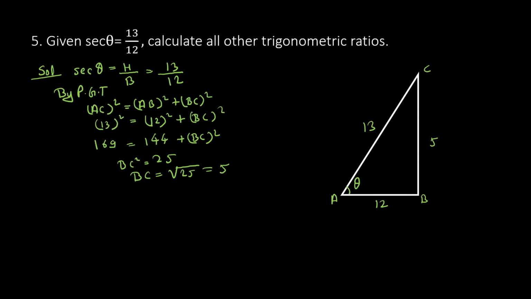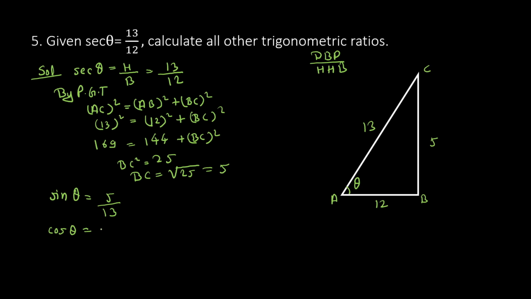Now we have to calculate all ratios. Firstly, sine theta is perpendicular upon hypotenuse, so perpendicular is 5 upon hypotenuse 13.